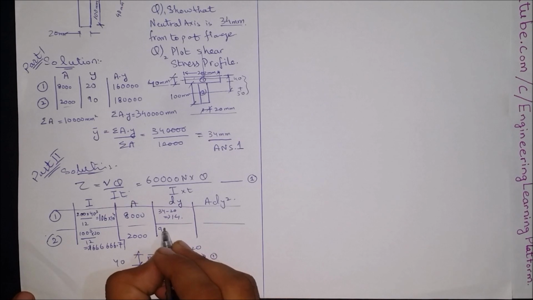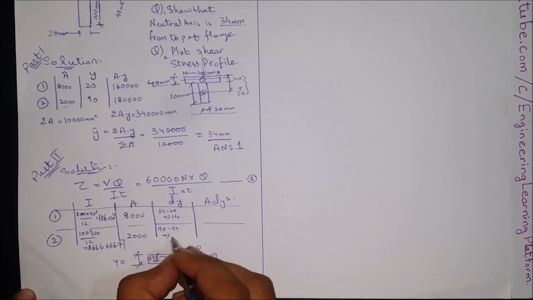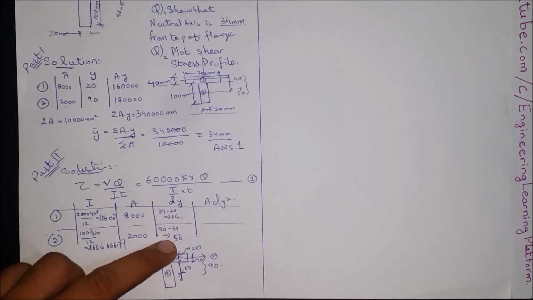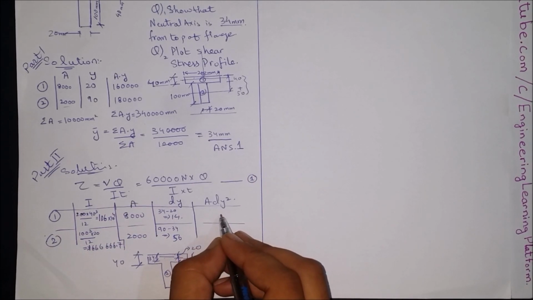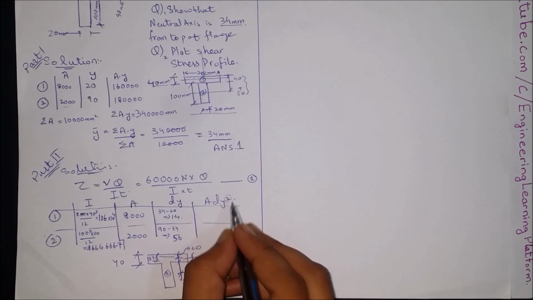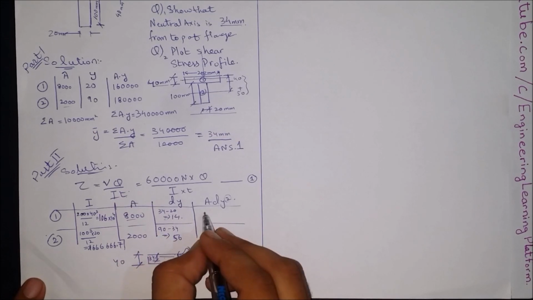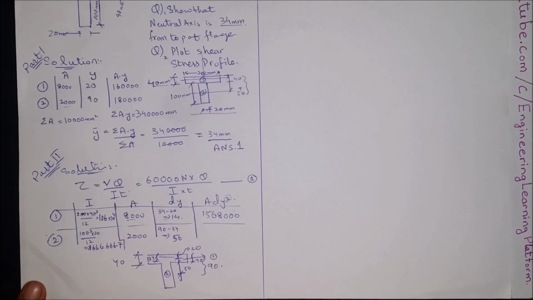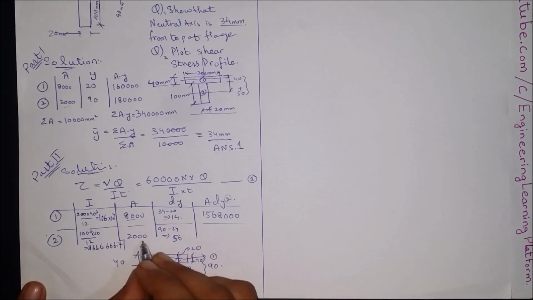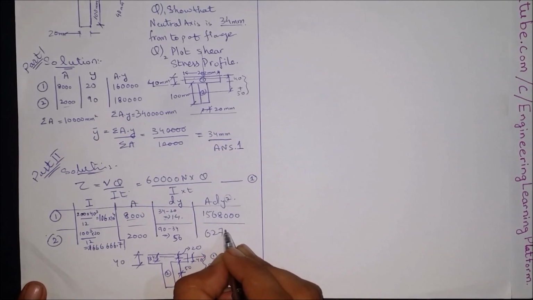So 90 minus 34 is equal to 56 millimeters. Note that you can also put a minus sign or plus sign here, but that doesn't matter because in the end, even if it is a minus sign, the square will make it a positive value. So the product of A dy squared makes the first value, and the product of A dy squared for shape 2 makes it 627.